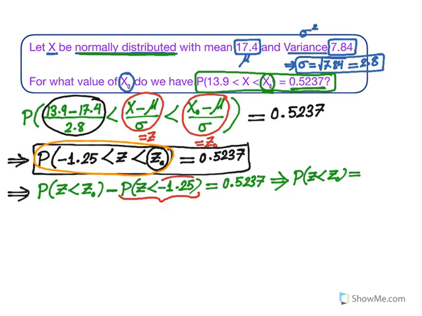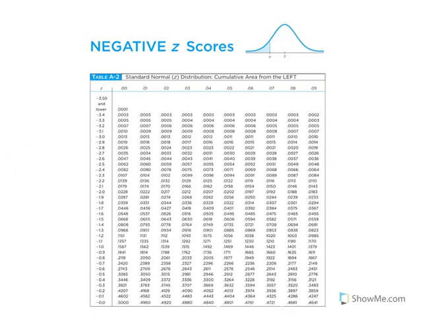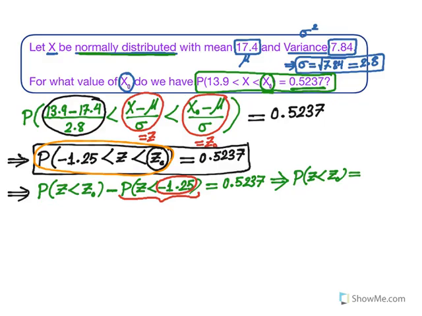So we look at the z table and we find negative 1.25. So negative 1.2 is here, and 0.05 is here. So you move with it until you reach this number here, which we will enlarge. It's 0.1056. We found it from the table.